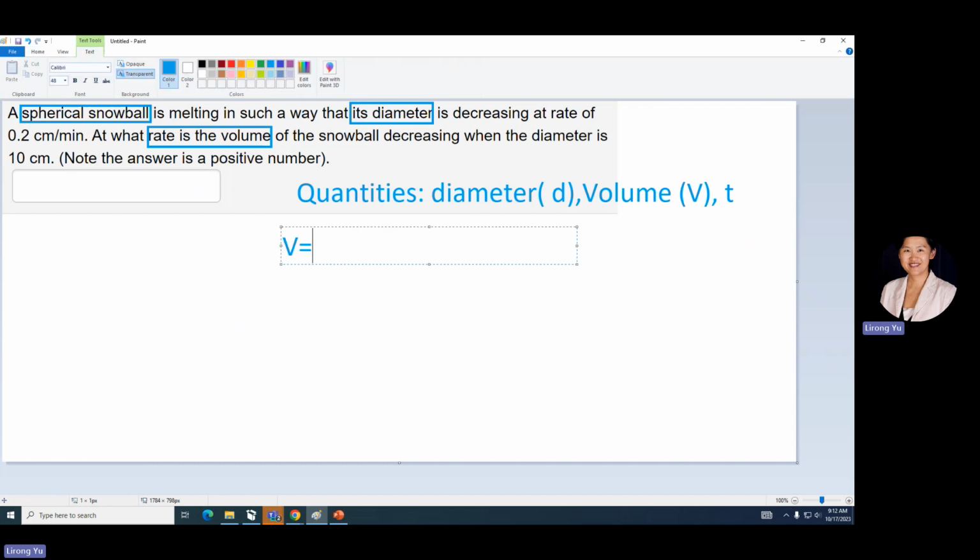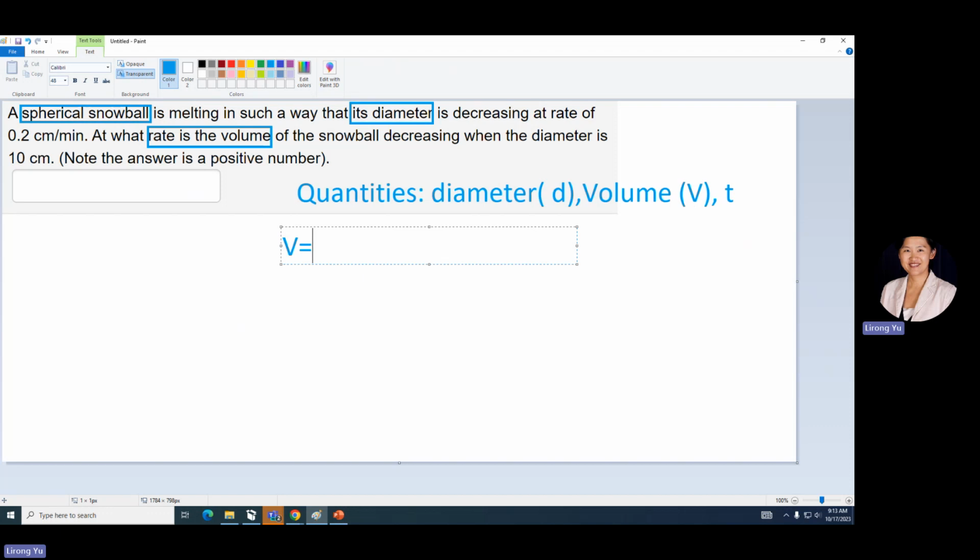So first we want to write down the relation. Anybody know how to calculate the volume of a sphere? Pi r times radius squared. That is area. Oh, pi r squared, it is cubed.